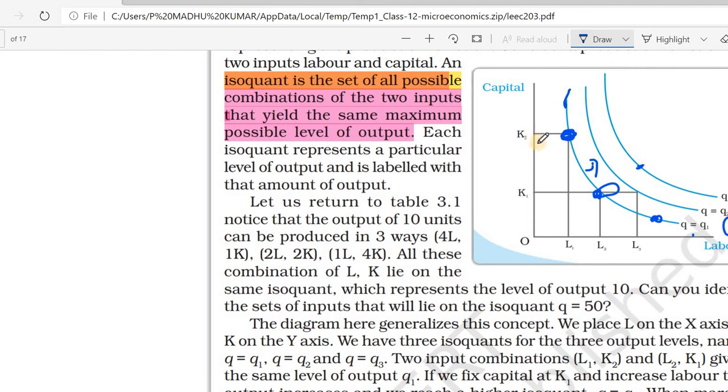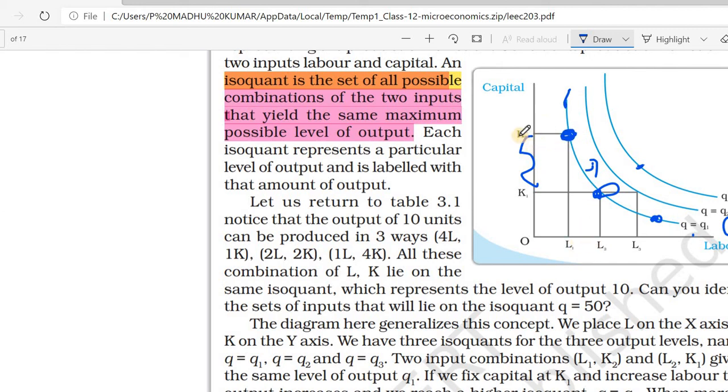Like the indifference curve, where the consumer leaves one product and goes for another one, same like that the producer leaves one factor of production and goes for another.